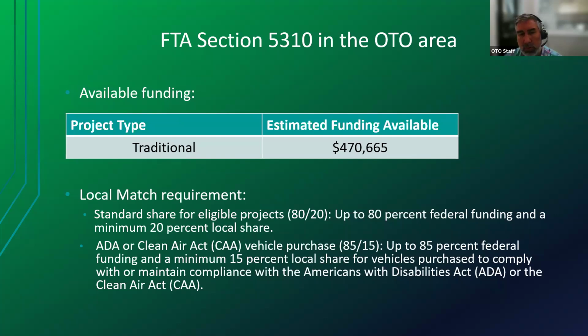With us being direct recipients, there are some ways to increase it. So if you buy ADA accessible vehicles under the Clean Air Act, so it would be low emission vehicles, you can get 85% federal funding, and you only need 15% local match. So the money you need to bring up locally will be lowered by like 5% of the total amount.